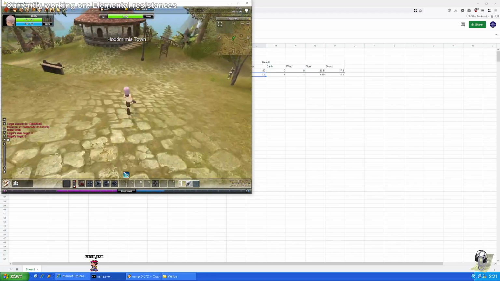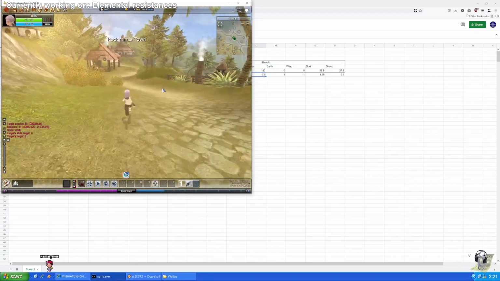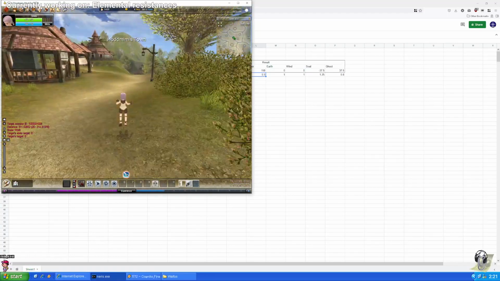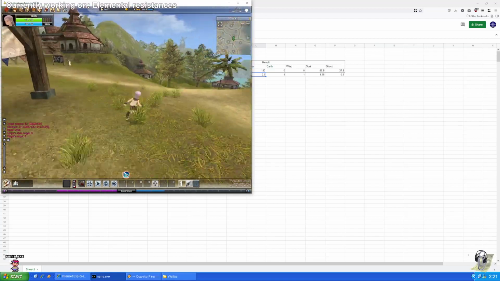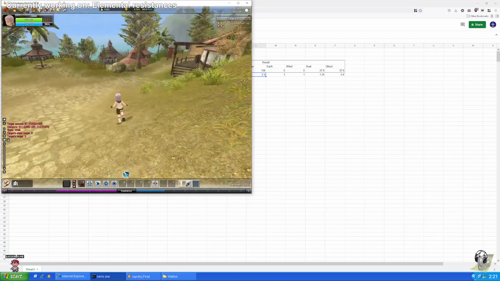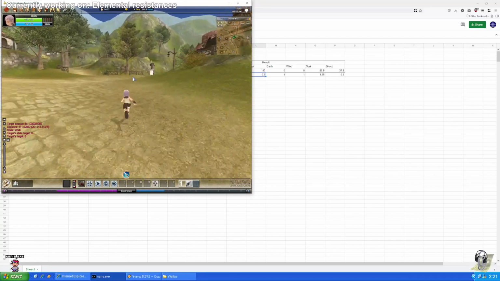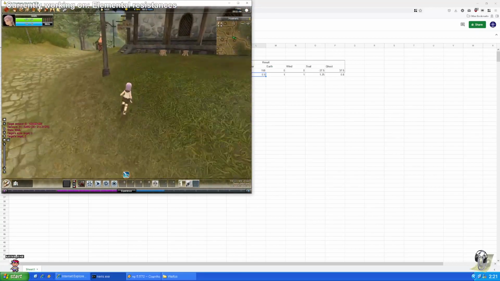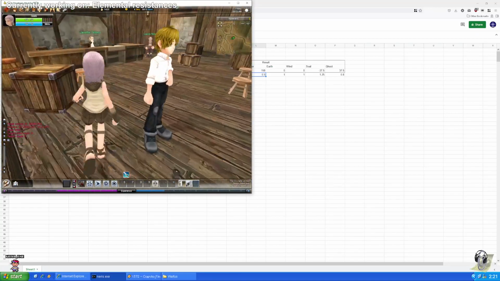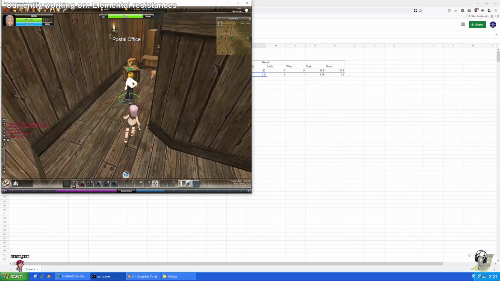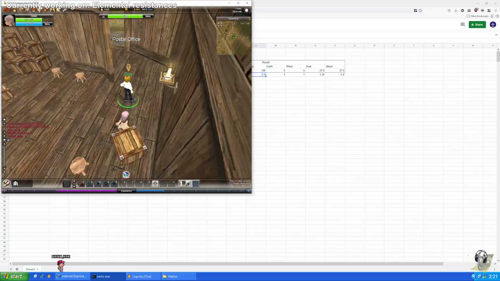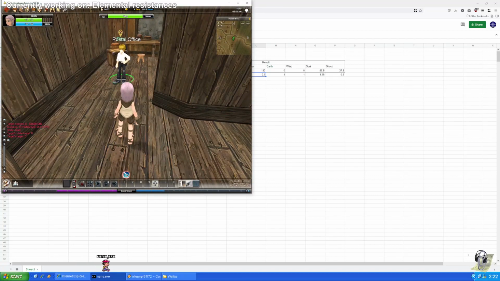Crap. Let me check. So I have a couple of walking NPCs here. Yeah, he's stuck for some reason. Why is he stuck?